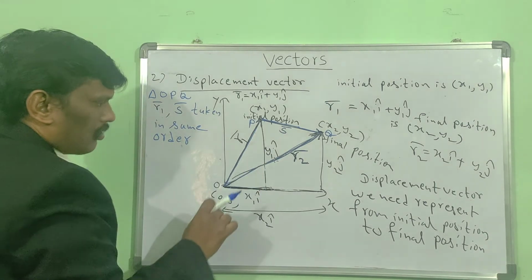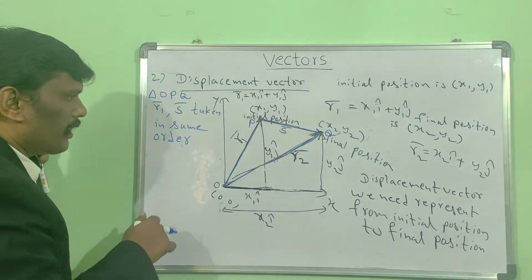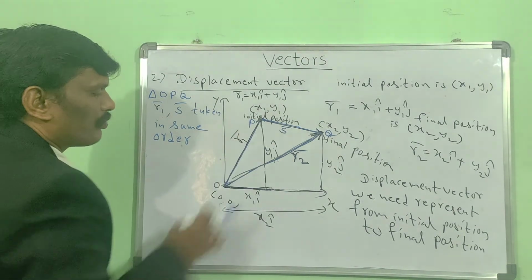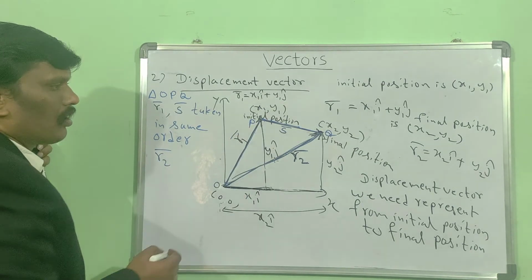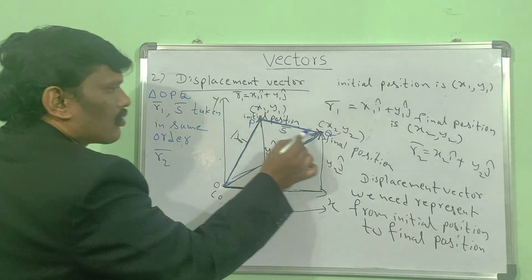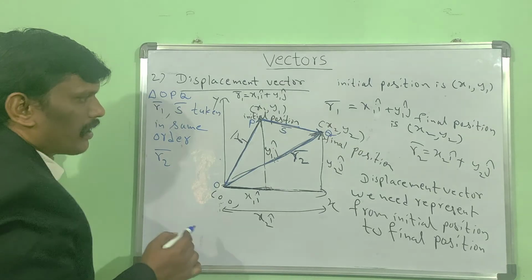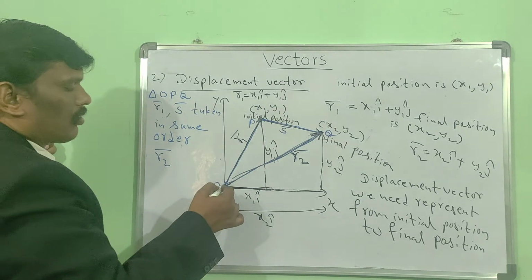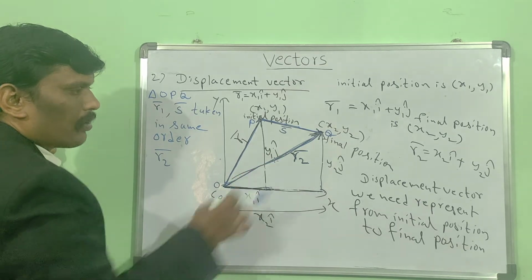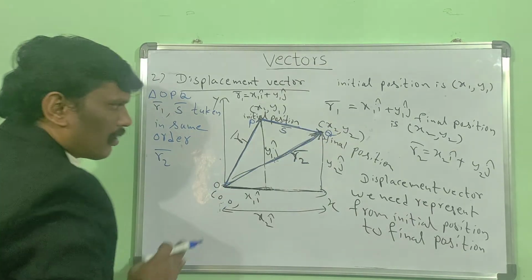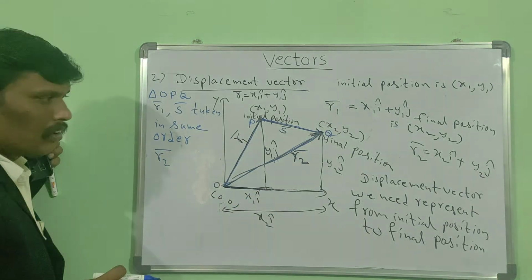Then the third vector, that is the closing side, is represented by the resultant of these two, that is R2 bar. Why? Because these two vectors are two sides of a triangle and taken in the same order. Then the third side or closing side, that is here R2 bar, taken in opposite order, that is reverse order, represents the resultant of these two vectors.